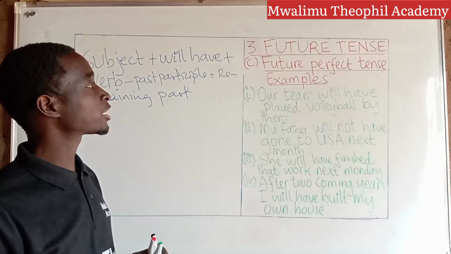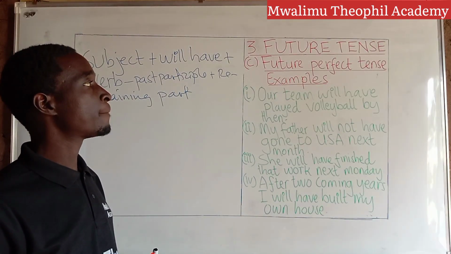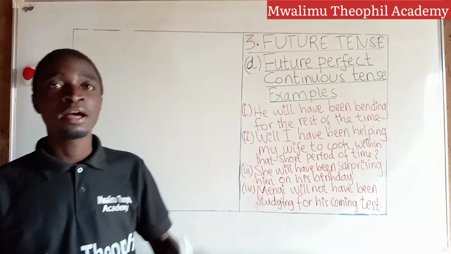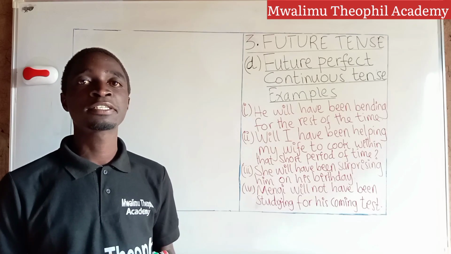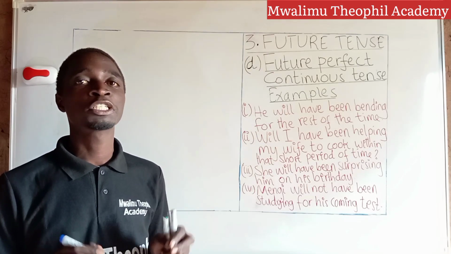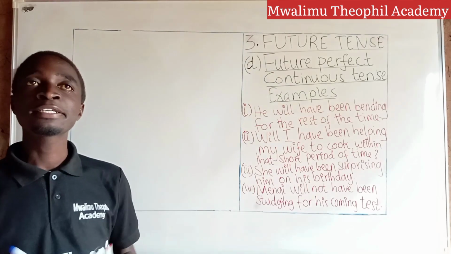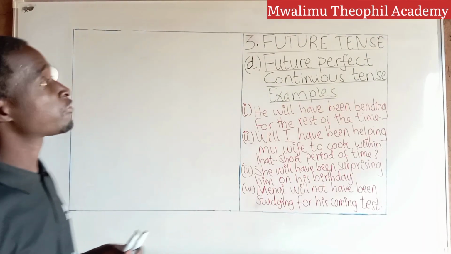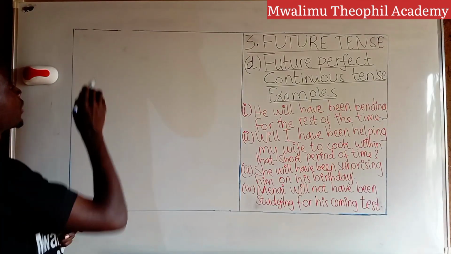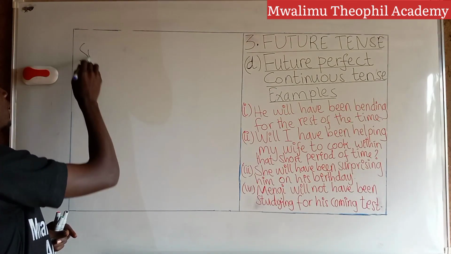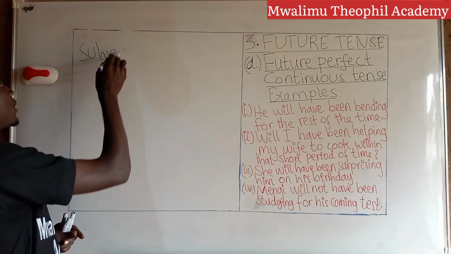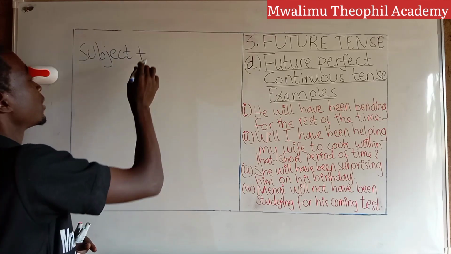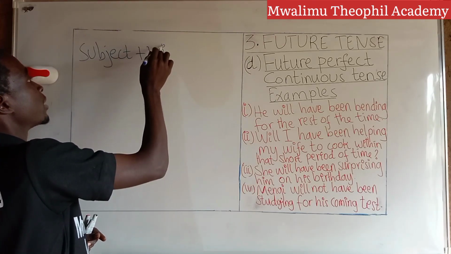Let us see the last category, which is future perfect continuous tense. Our 4th category of future tense is future perfect continuous tense. Any sentence which is in future perfect continuous tense should follow the following rule. We start with a subject. After a subject, we add will.